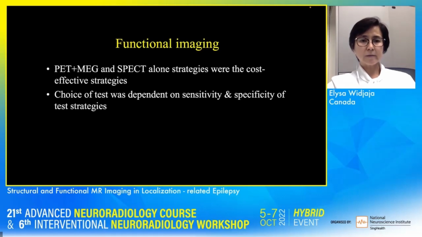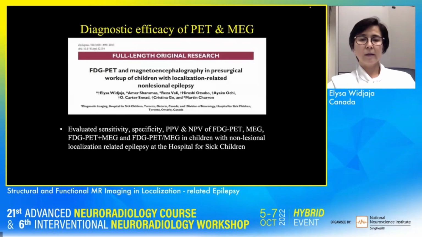Based on these findings, we then asked the question, what is the diagnostic performance of PET and MEG at our institution at the Hospital for Sick Children? So to address that question, we have evaluated the sensitivity, specificity, positive and negative predictive value of PET and MEG individually and in combination in children with non-lesional localization-related epilepsy at the Hospital for Sick Children.